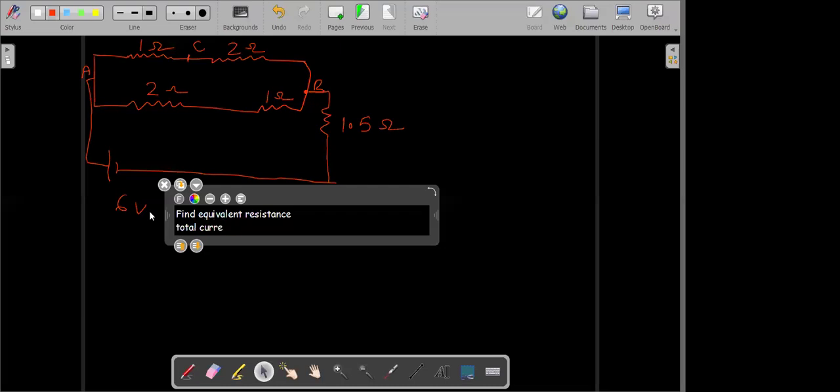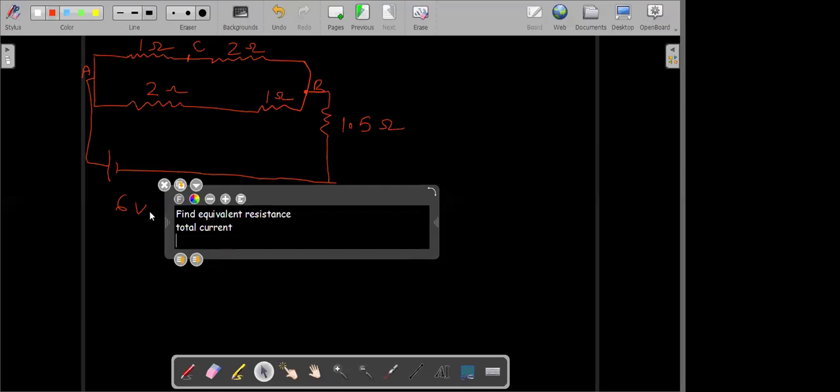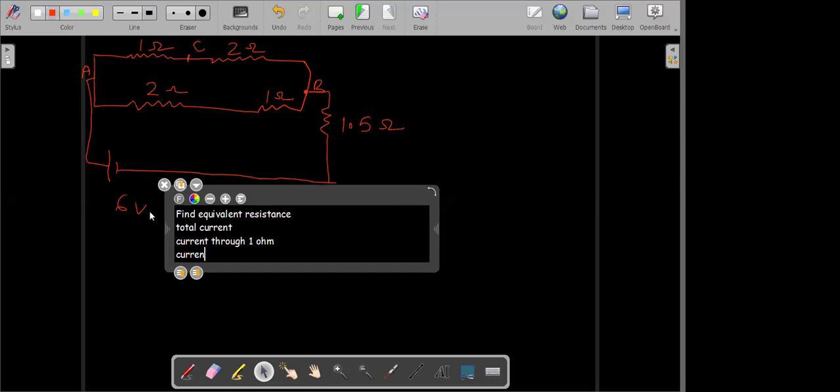Then the total current drawn from the battery. You have to find the current through the 1 ohm resistance. Then you have to find the current through AC.